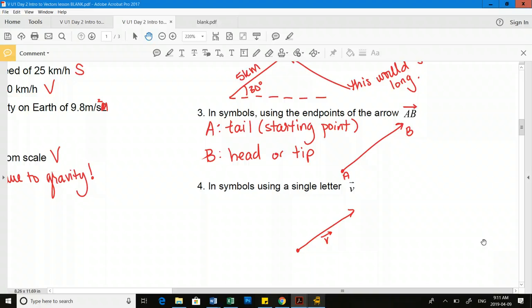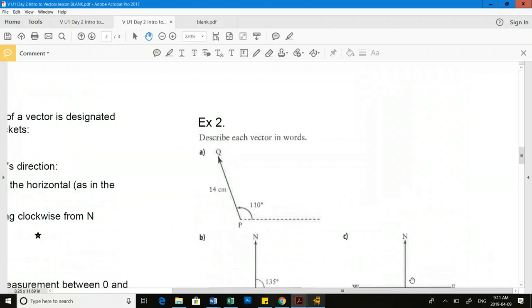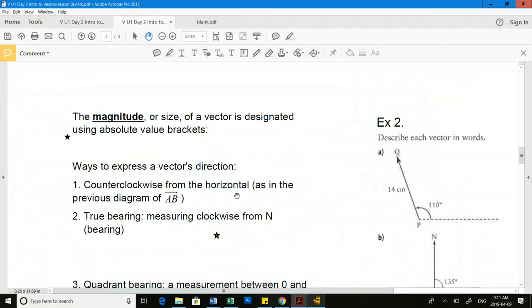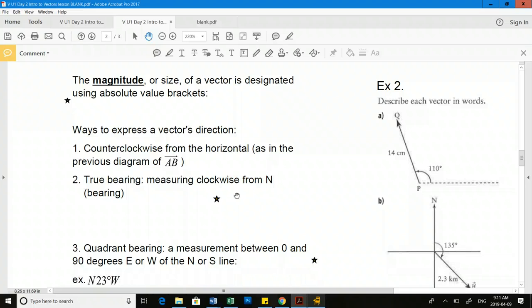Okay. The magnitude or size of the vector is designated using absolute value brackets.